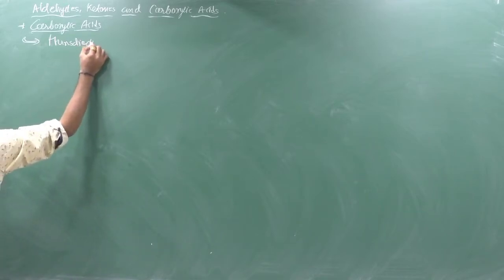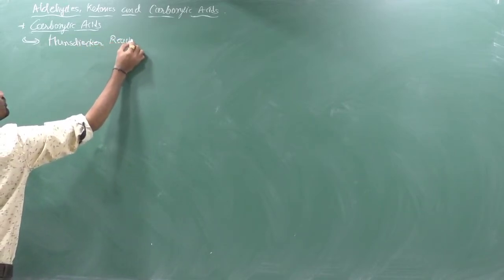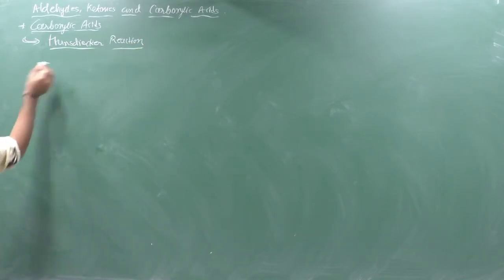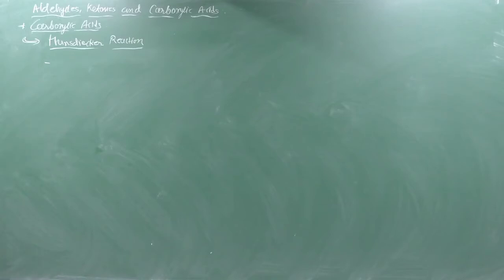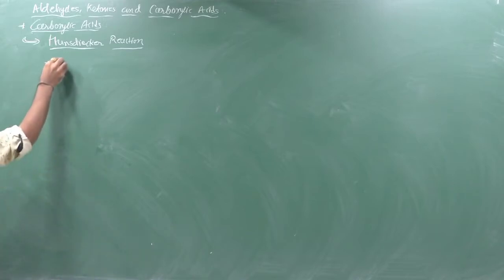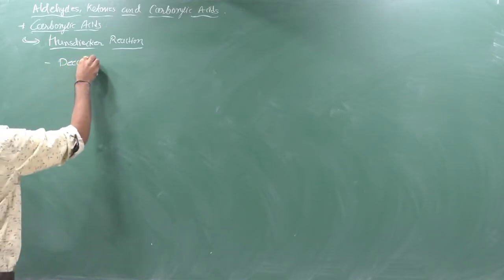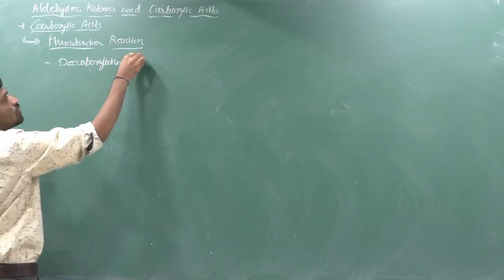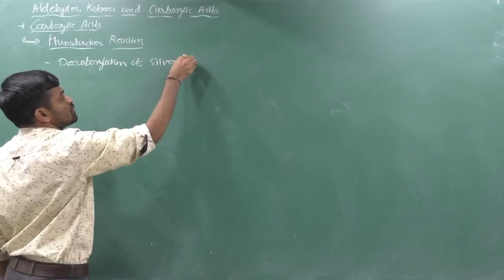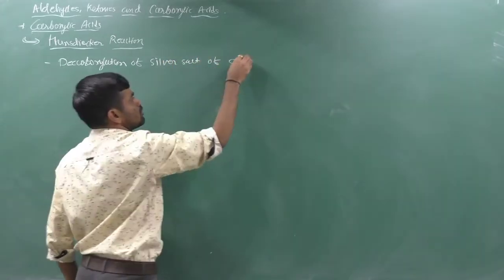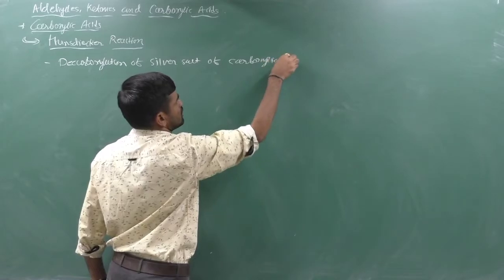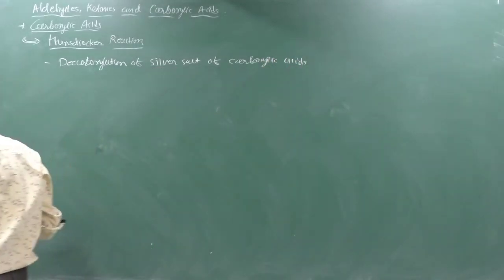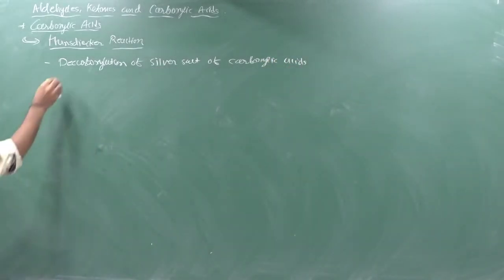Hunsdiecker reaction, or decarboxylation. What is the reaction? It is decarboxylation of silver salt of carboxylic acids in presence of bromine.